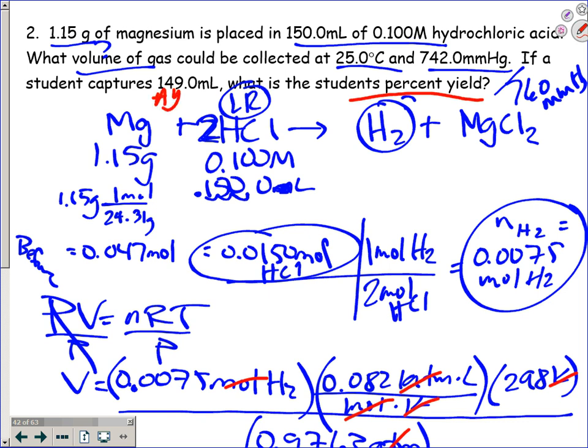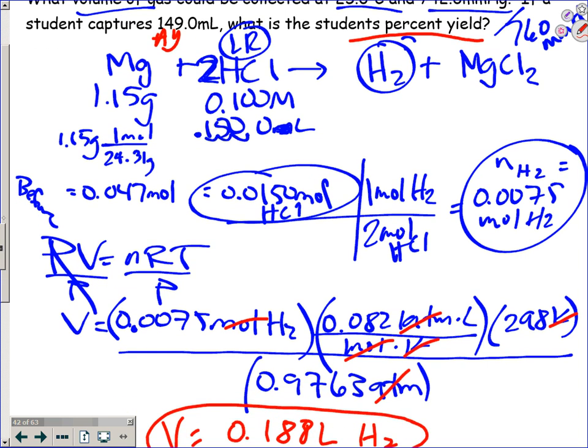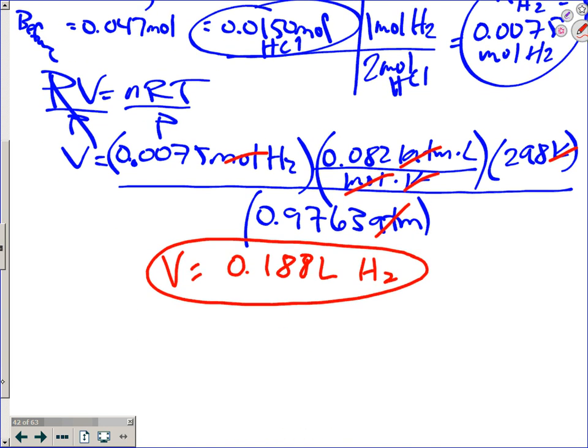If we had a perfect reaction, this was the LR and everything was cool and there was no humans involved, because humans create error, then we'd get perfectly this amount of volume. But notice this is in liters and that was in milliliters. What do I need to do? I want to convert this one to milliliters, so that's 188 milliliters, because there's 1,000 milliliters, so we multiply by 1,000.